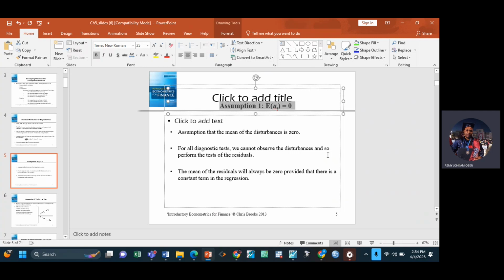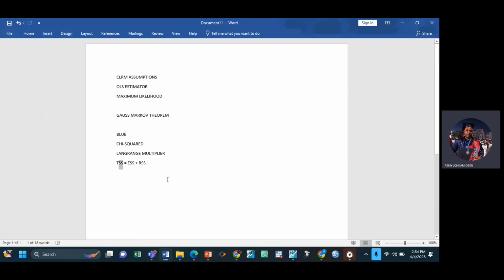This assumption can be satisfied by including a constant in the model. So for instance, if we are trying to investigate the determinants of GDP, let's assume that we are trying to find out the impact of financial development and population on GDP.